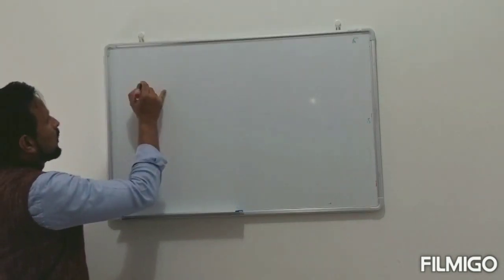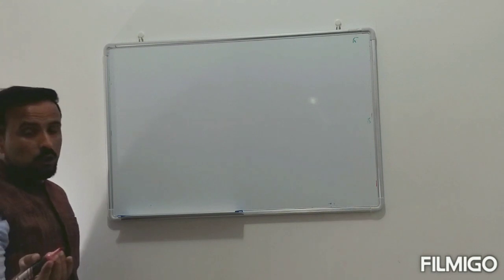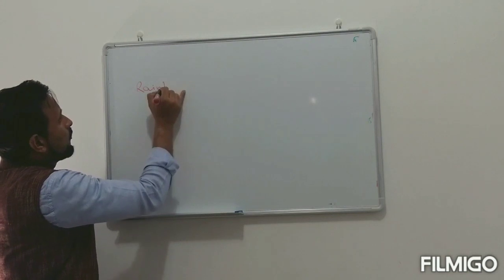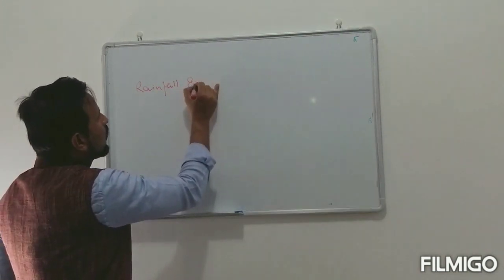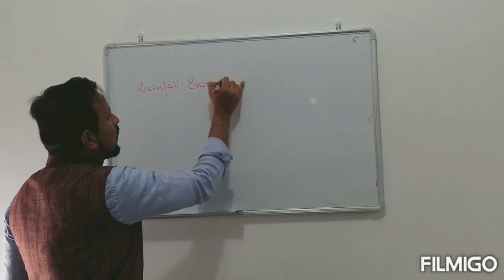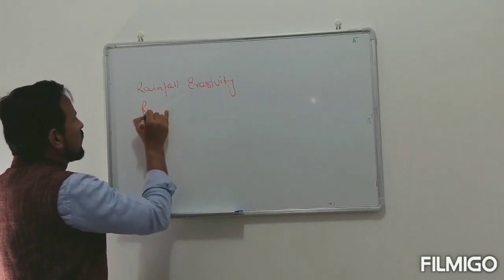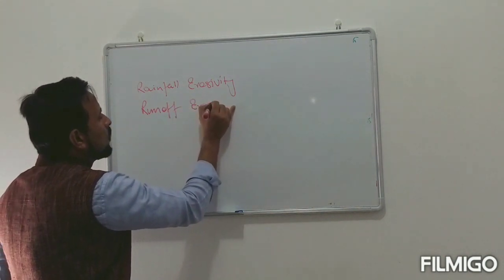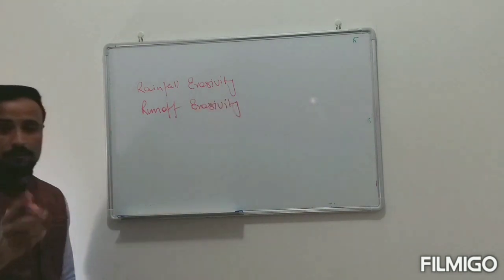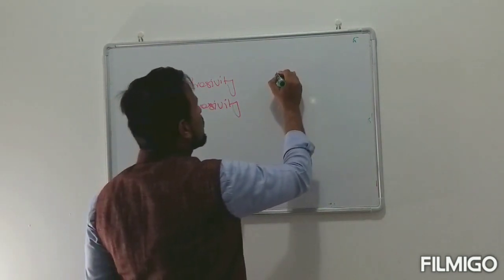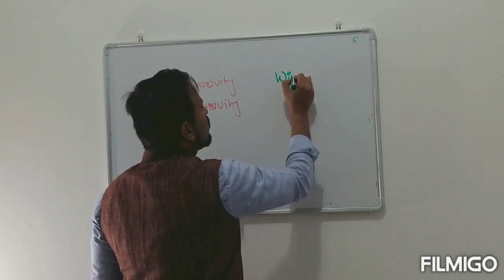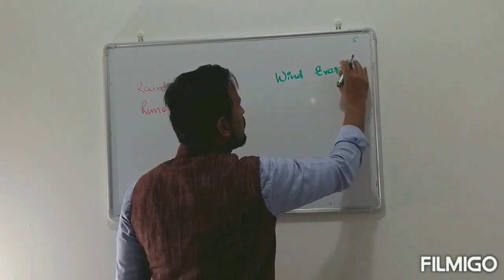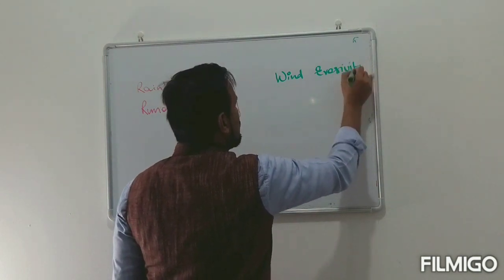If I compare wind and water erosion, water erosion is caused by rainfall erosivity and runoff erosivity, right? These two were the factors. Here the major cause is wind erosivity, right?